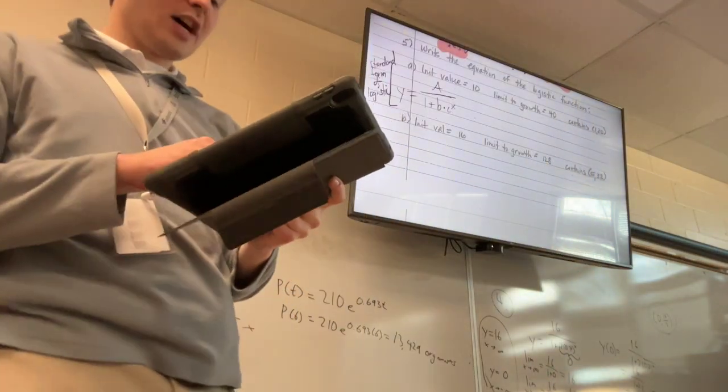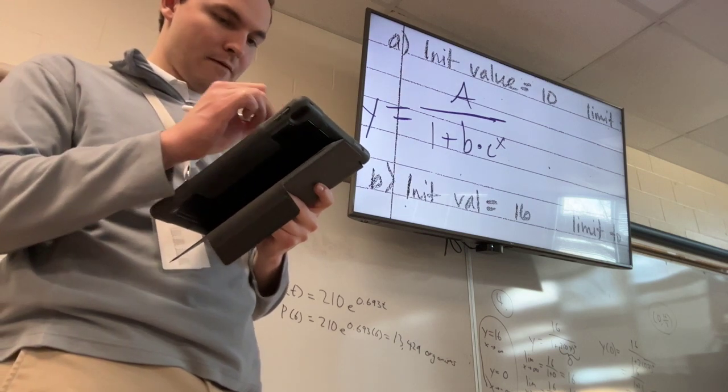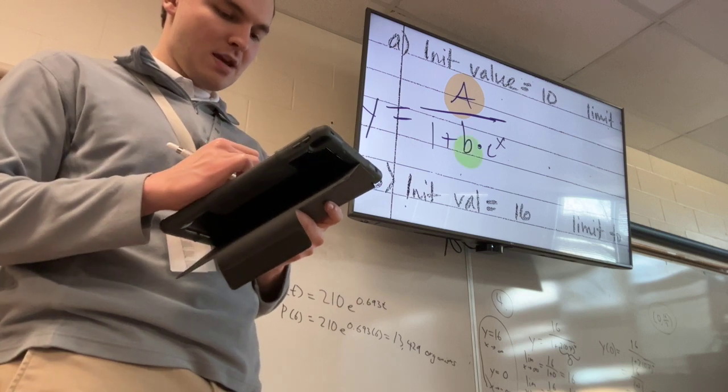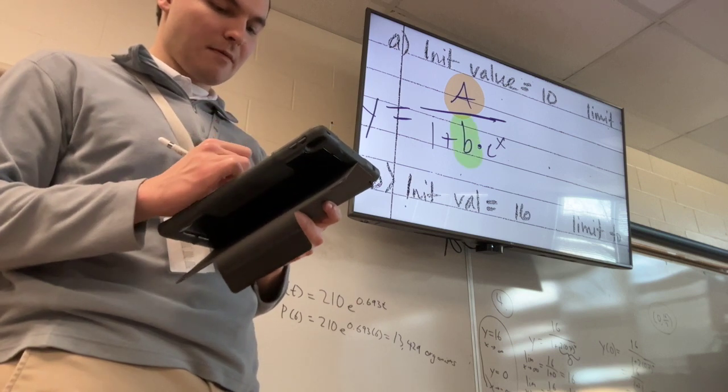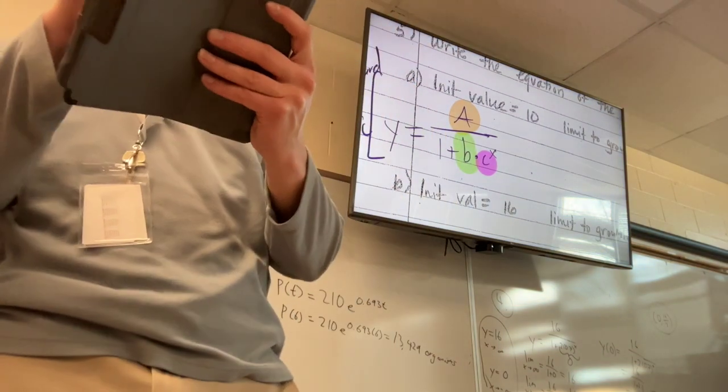All right, so to get this equation nailed down, we need A, we need B, and we need C, okay? So let's start off. Anyone have any ideas? It gives us initial value equals 10. What should we do with that?